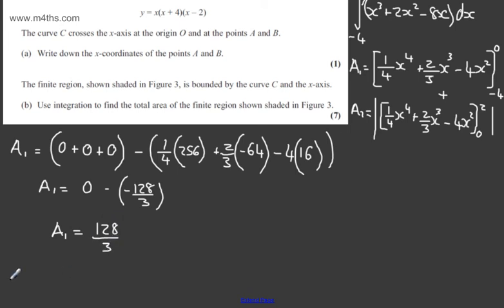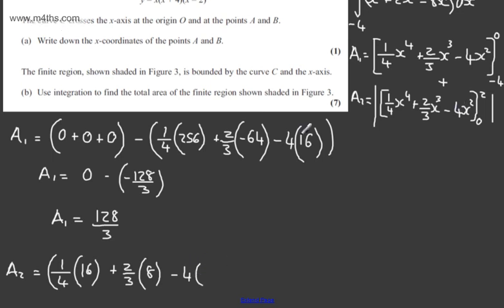Let's go ahead now and look at the modulus of A2. The A2 is going to give me now, subbing in the 2, we're going to have 1/4 of 2 to the power 4, which is going to be 16. We're going to have plus 2/3, 2 to the power 3, which is going to give me 8. And then we're going to have now minus 4 lots of 2 to the power of 2, which is going to give me 4. So just subbing this in. Then we got 0, so we'll subtract away 0, plus 0, plus 0.